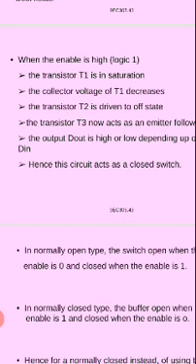Whenever it acts as a closed switch, whatever data is available at the input side, the same will be transferred to the output.